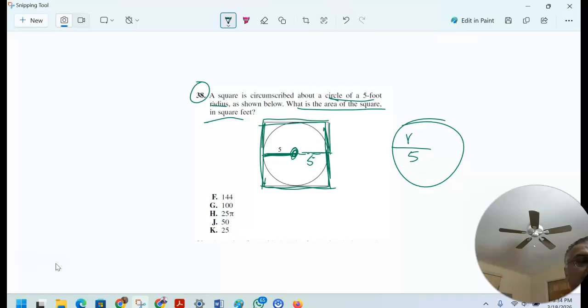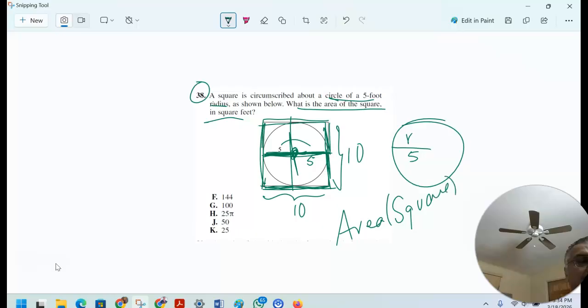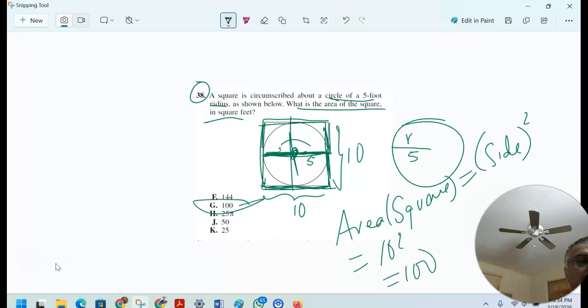This radius, this also. This together is 5 plus 5, that means this is 10. So if this is 10, this also is 10. And the area of the square is side square, and that is 10 square, and 10 square is 100. So some questions are so easy.